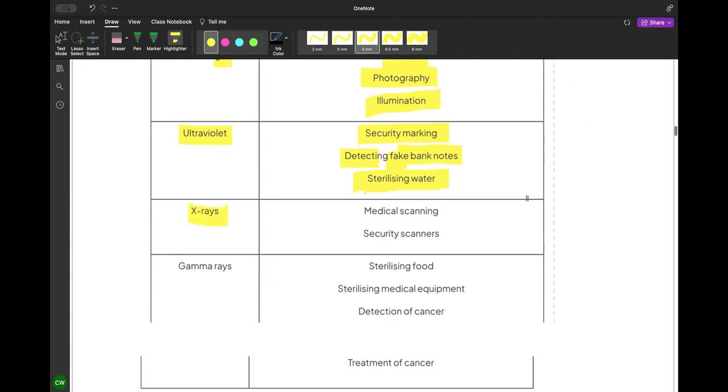X-ray. Medical scanning. When do we need to go and check with X-ray? Bone fracture, 骨头碎掉，撞 accident, car accident. We'll see whether got brain damage or not, or lung still functioning or not. Okay. Security scanner.